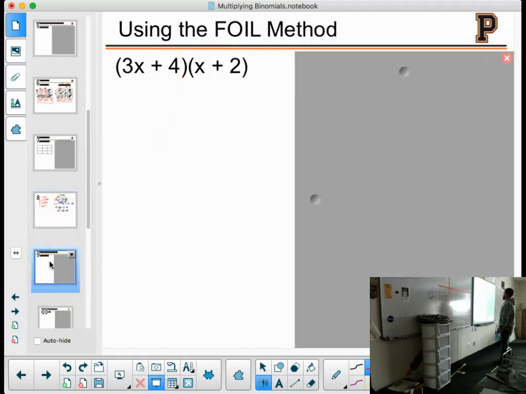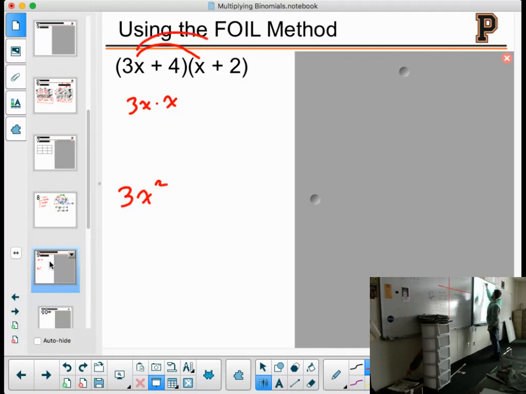All right, so we're just going to get some practice in actually using this FOIL method today. So 3x plus 4 multiplied by x plus 2. First terms times first terms. 3x times x. That's going to get me 3x to the second power.